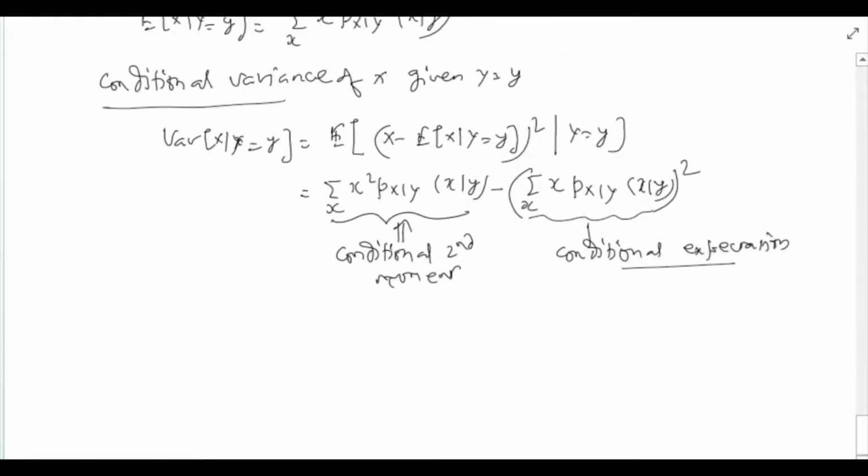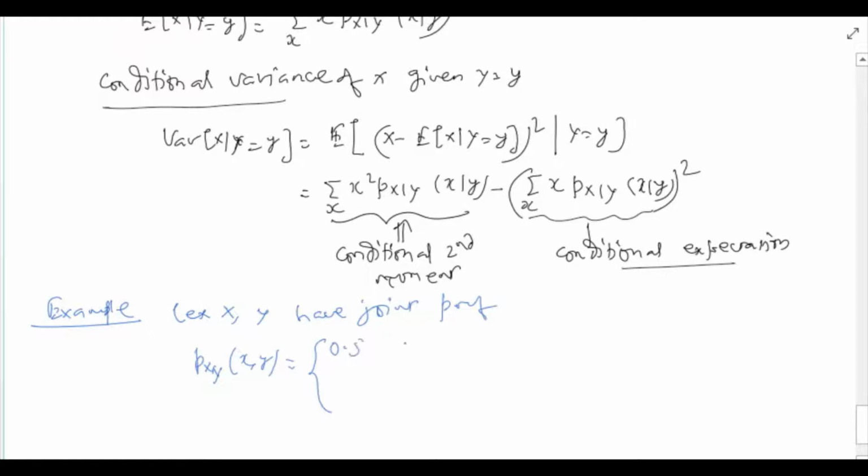Let us see an example. Suppose we have two discrete random variables X and Y that have joint probability mass function p_{XY}(x,y) as follows.